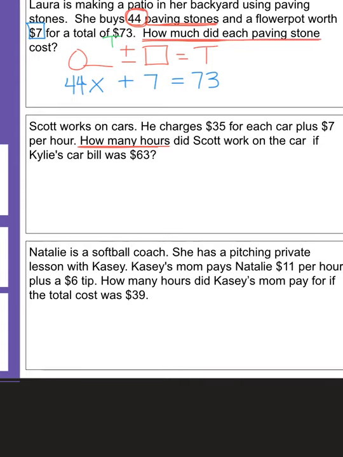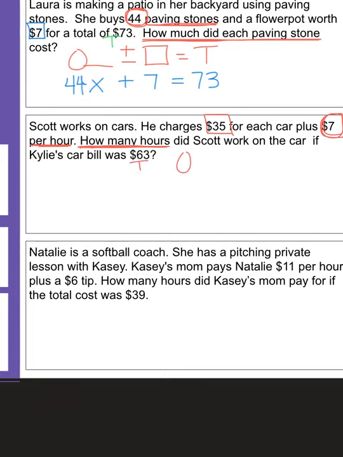But I know since the question is asking how many hours, the per hour is also going to get underlined, which means the 7 will get circled because the 7 is with the hours. That will be my coefficient, and then 35 will be my constant. 63 is the total.